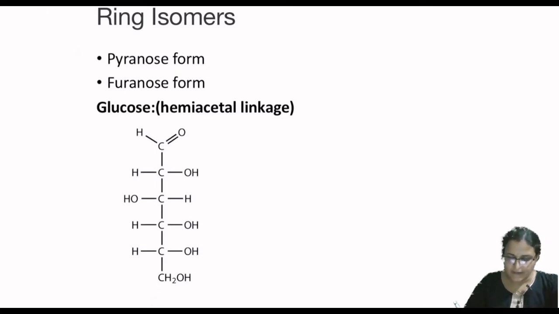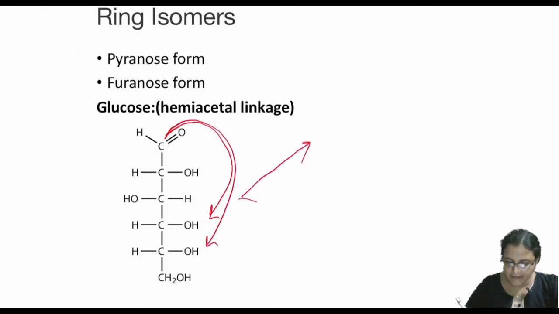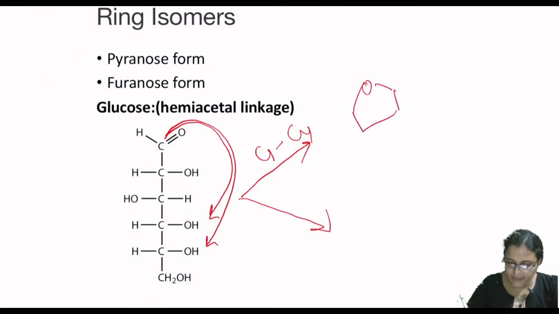If this aldehyde group reacts with C4, or with C5, what will happen? We'll see. This C1 aldehyde reacts with the C4 hydroxyl group, and we get a 5-member ring with the C5 and C6 carbons outside the ring.